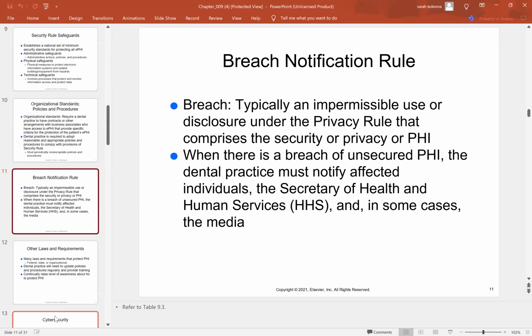Breach notification rule. A breach is typically an impermissible use or disclosure under the privacy rule that compromises the security or privacy of PHI. When there's a breach of unsecured PHI, the dental practice must notify affected individuals, the Secretary of Health and Human Services, and in some cases, the media.